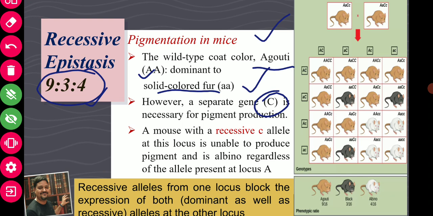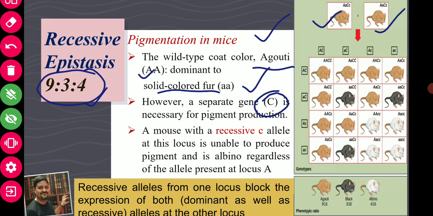So here you can see when agouti mice are mated with agouti mice, in the F2 generation, capital A, agouti color, is dominant over small a. When there is recessive c at another locus, there will be no color development.